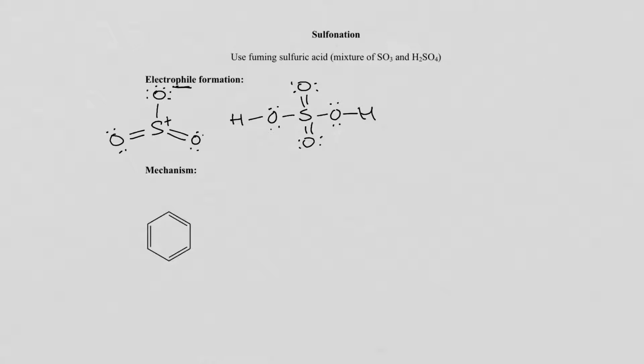So, formation of our electrophile, we're going to start this in a very similar way that we made our nitro electrophile. We are going to take this oxide right here. We're going to protonate our sulfur trioxide with sulfuric acid. This is an equilibrium step.